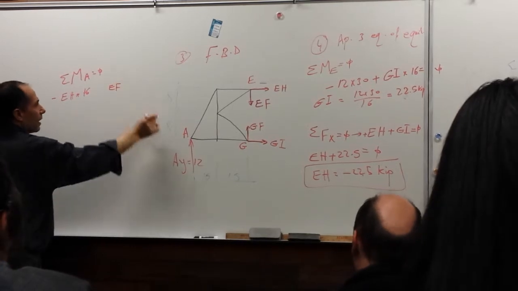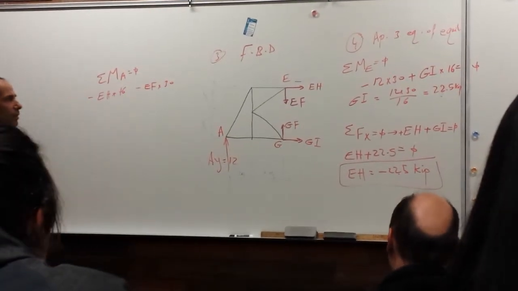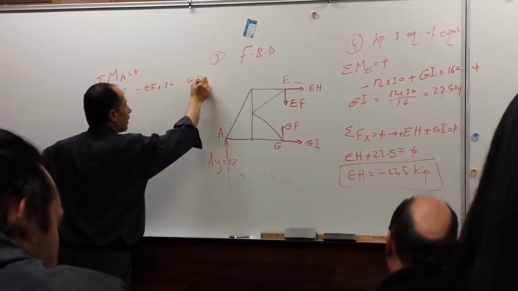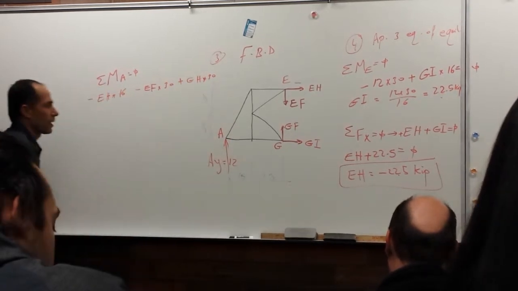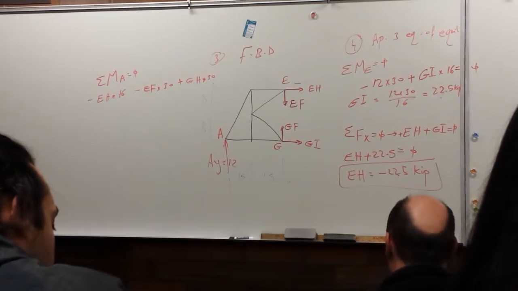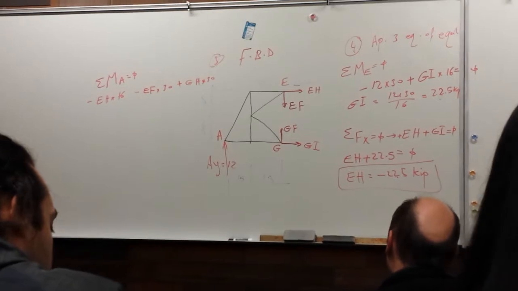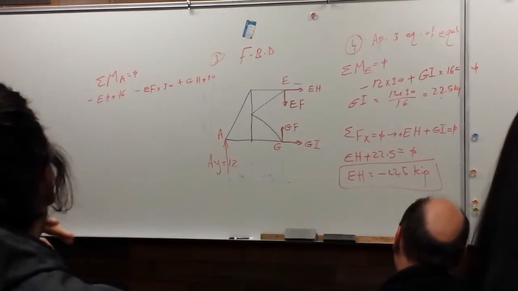EF times 30 is going to be negative. GF times 30 is going to be positive. Anything else? The GI is not going to create a moment, and the Ay is not going to create a moment. Agree? 0.